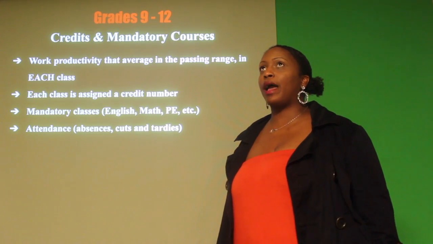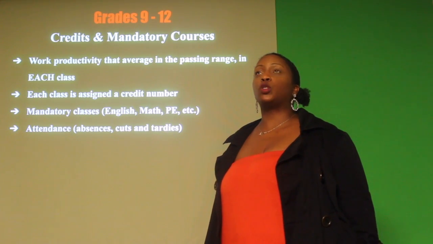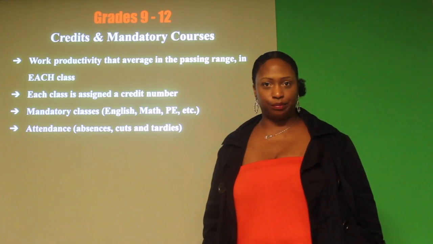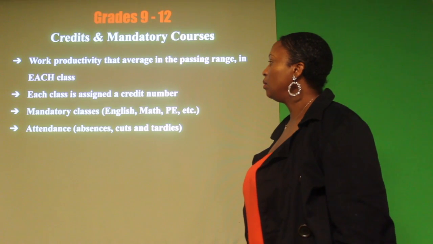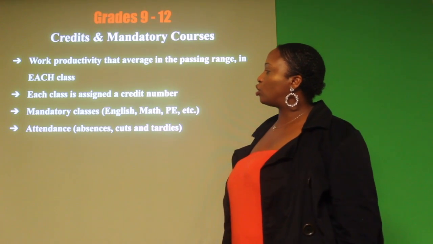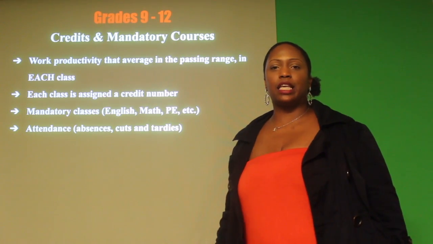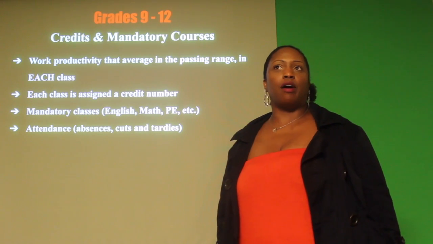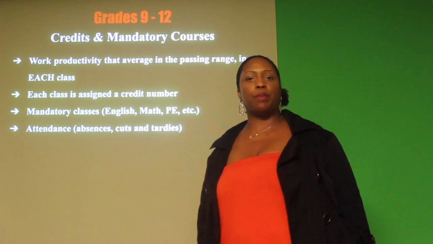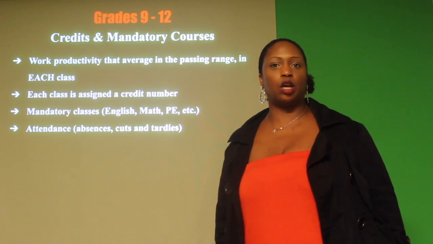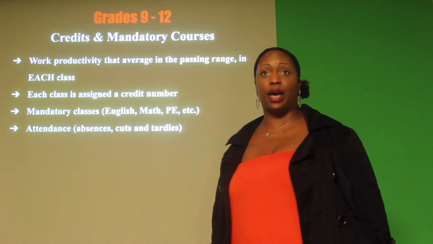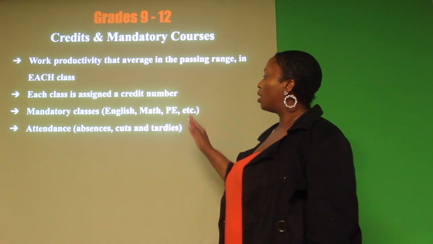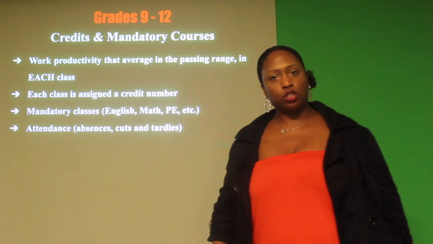So if you are absent from school all day, all of your classes, that's 1 absence, right? Let's say you went to school, you went to all your classes except for 1 math class. A friend of yours or a friend of a child was crying in the bathroom and they were trying to assist them. They had no permission, they had no pass, and then they went on to the next class. That's a cut because they had no permission, right?